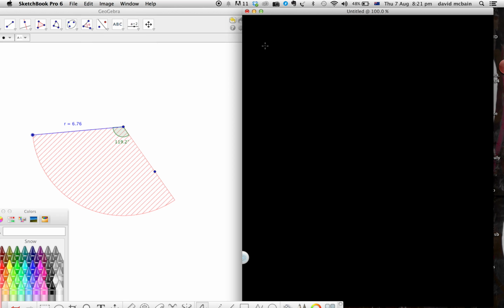Okay, so we're going to work out the perimeter of this sector, which is equal to twice the radius plus the angle over 360 times 2 pi r.